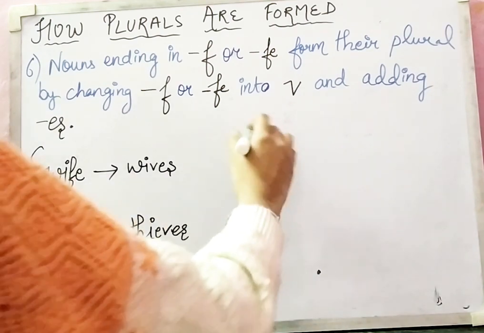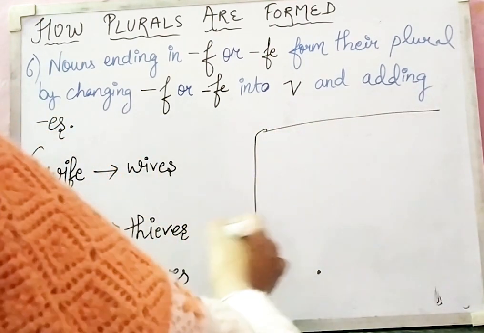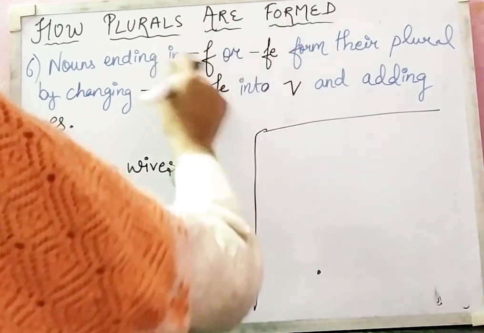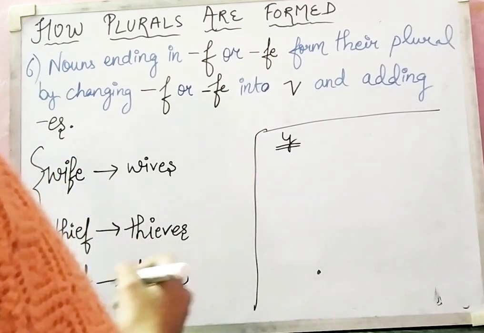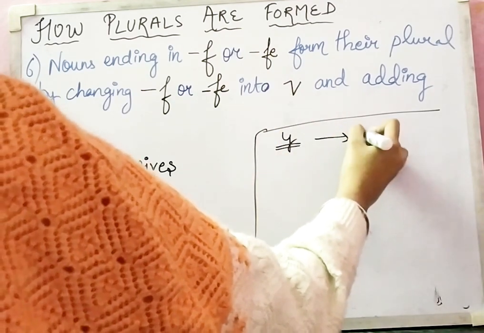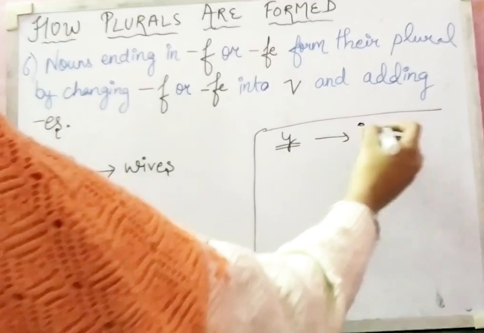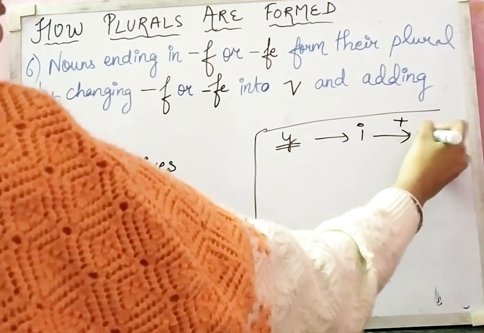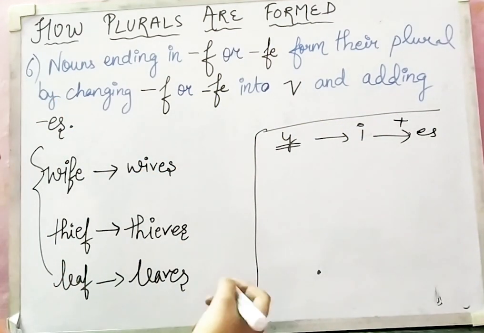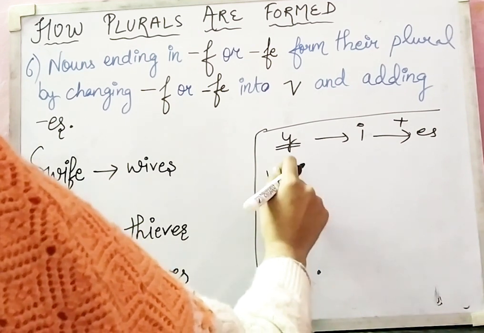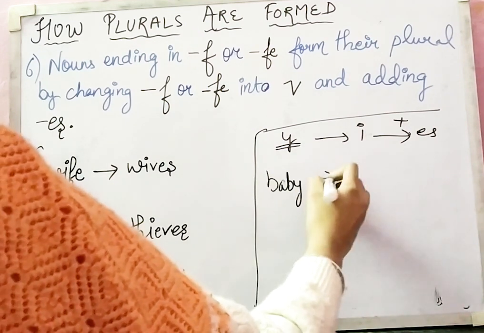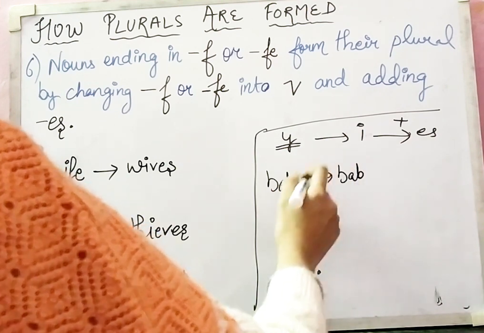Similarly, in the fifth point we have done that there is one word that instead of f or fe we have to replace y and add I instead of v and then add es. Means the example that we have done, baby, this word ends with y, we have replaced y with I and then added es.